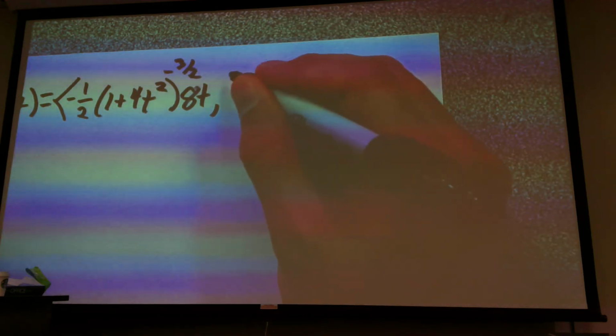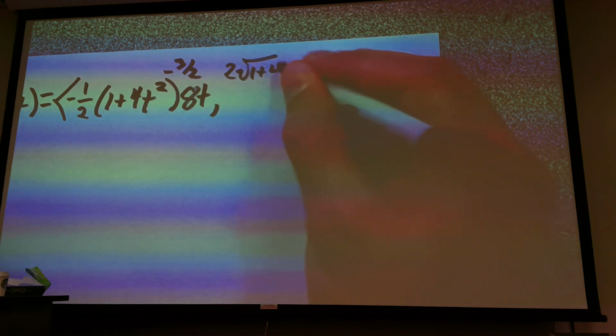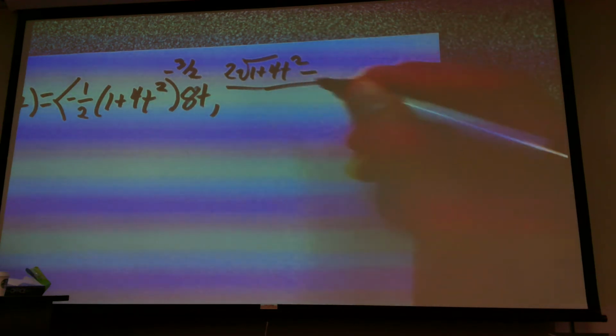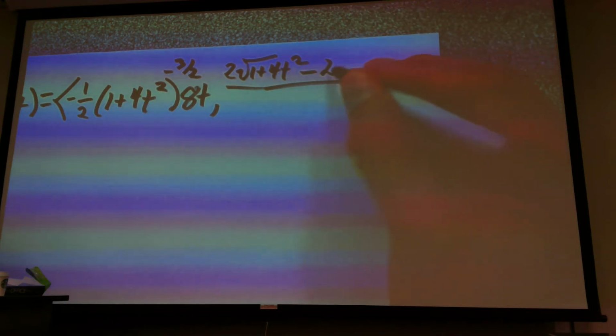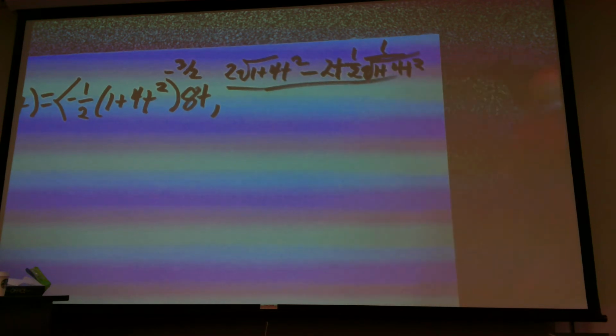That's going to be 2 times the square root of 1 plus 4t squared. That's f prime times g, and then minus 2t, and I'm taking the derivative at the bottom, so that's going to be 1 divided by 2 times 1 divided by the square root of 1 plus 4t squared.